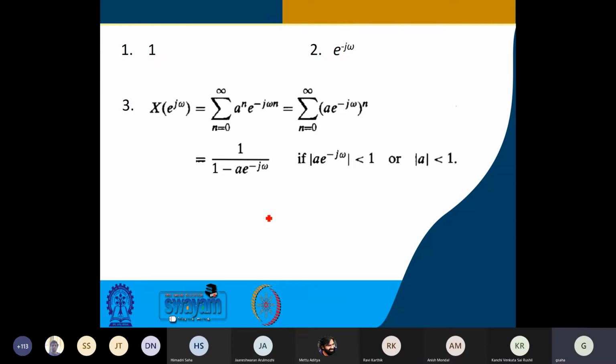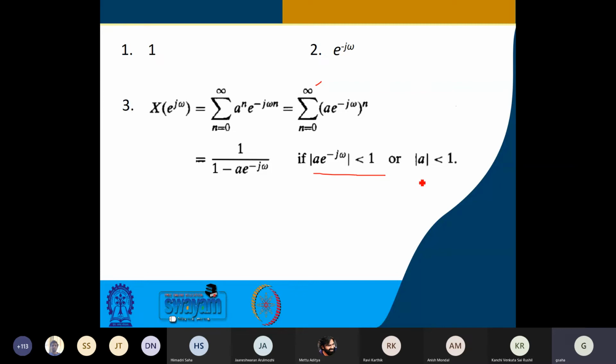So the first two were straightforward. If you just substitute, you will get it. And the third one, of course, you are looking at a GP series. And this is what is important: since it is up to infinity, whenever you write this, this was not asked, so you didn't write it, which is perfectly fine.